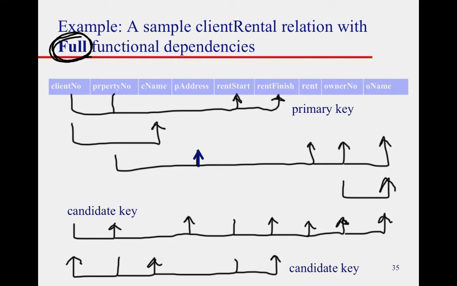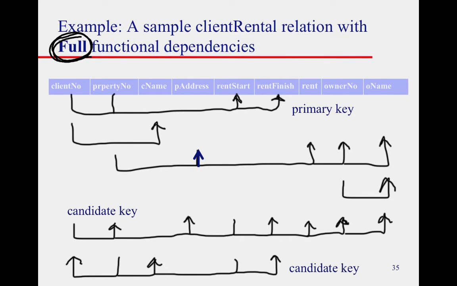Okay, so the first three are giving us client number and property number determine rent start and rent finish. Now, let me get more room.